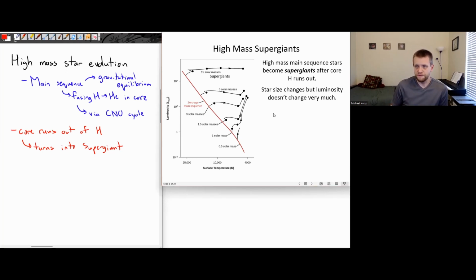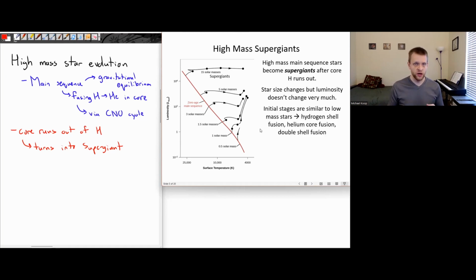In this new phase, the star's size changes quite significantly. The surface temperature goes down, the outer layers puff outwards. A lot of these initial steps are very similar to what was happening in those low-mass stars.